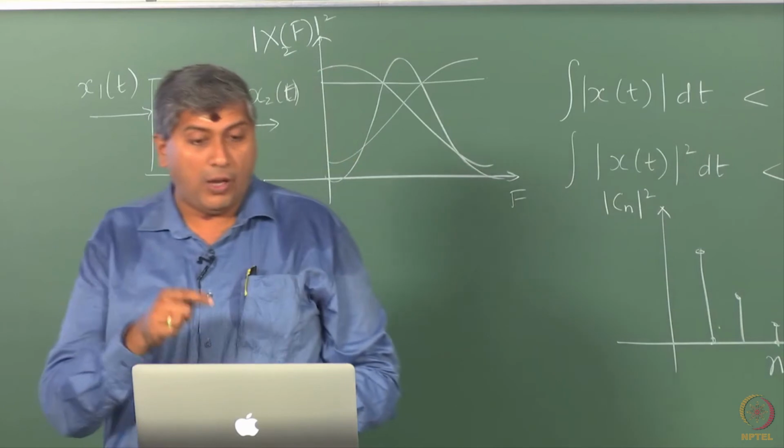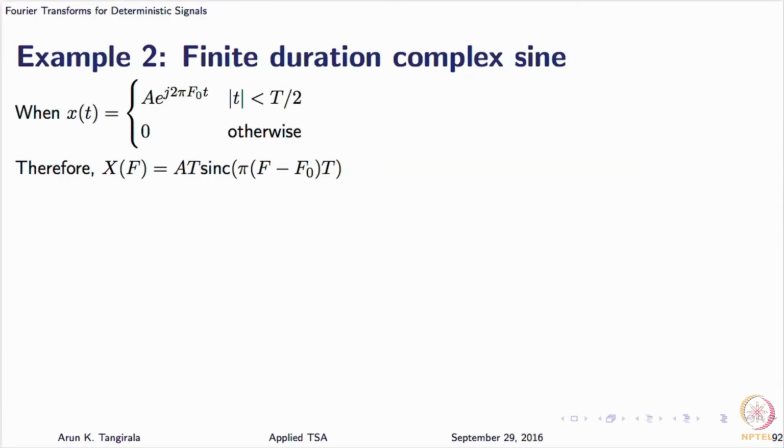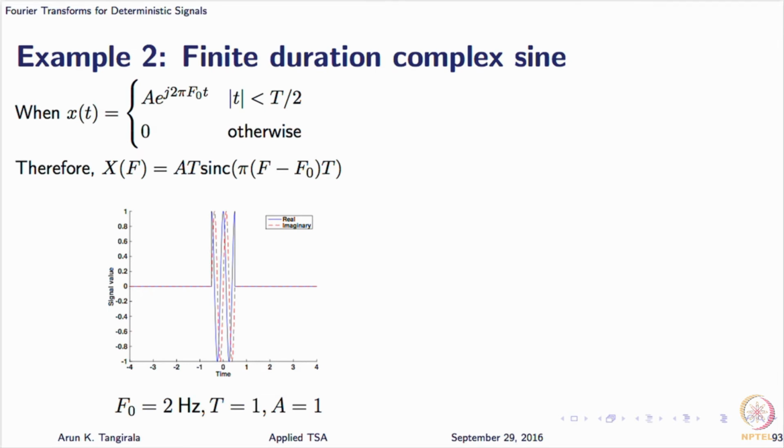So, let us look at another example where I have a finite duration sinusoid, not like your regular sine wave. Of course, I have taken a complex exponential, and it turns out that the Fourier transform is once again a sinc function shifted in frequency. So, here is how the signal looks in time.